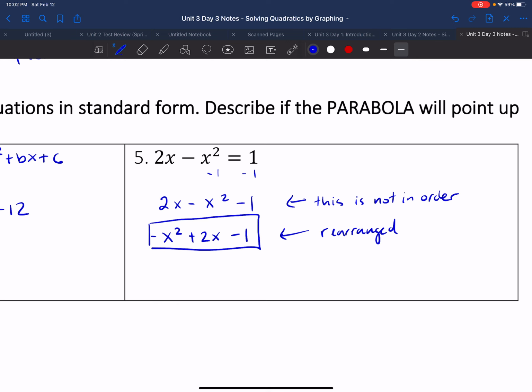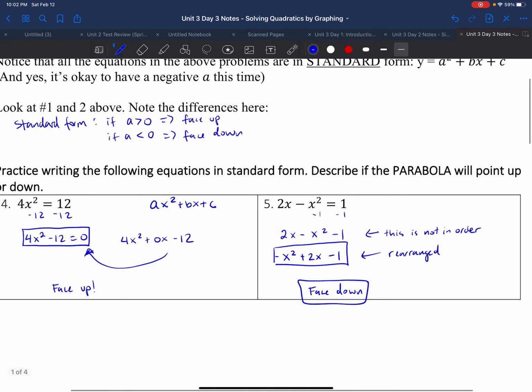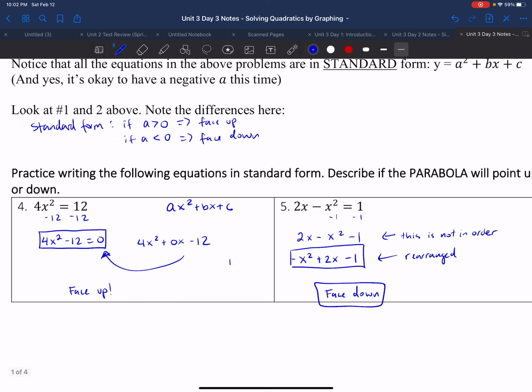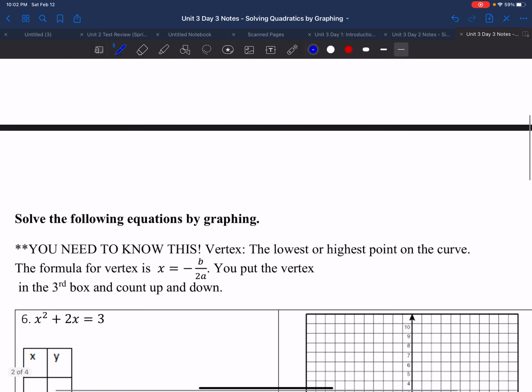So that means we're going to have the function facing down. So it's going to look like this, and it's going to look like that. Okay, let's go ahead and move on.